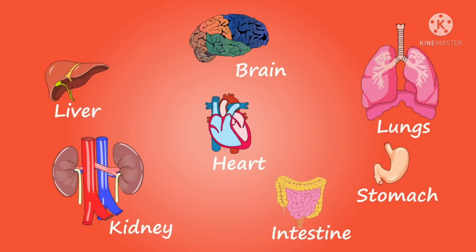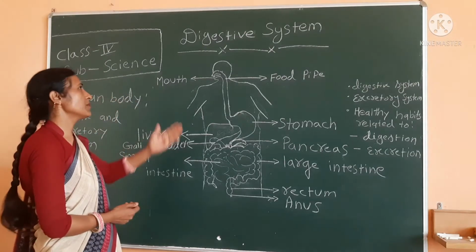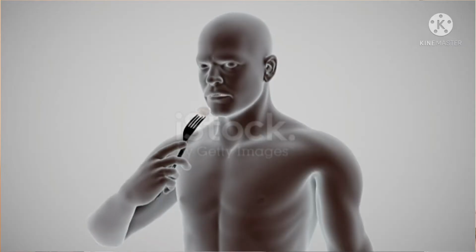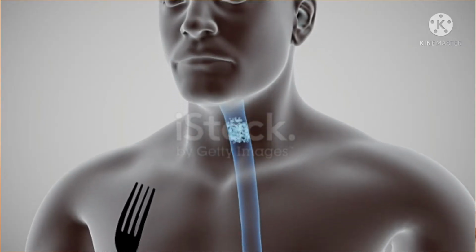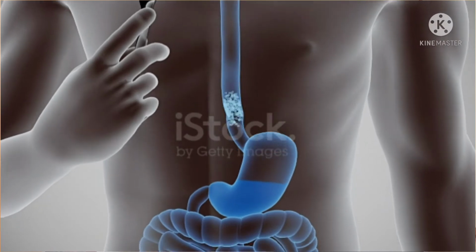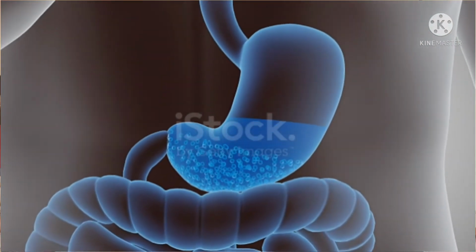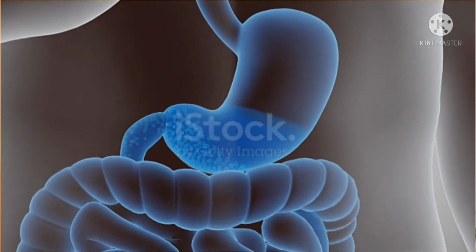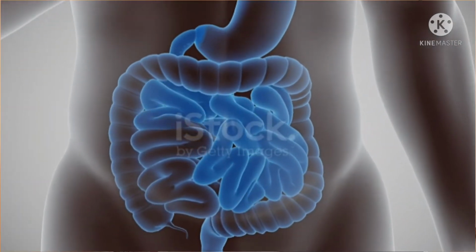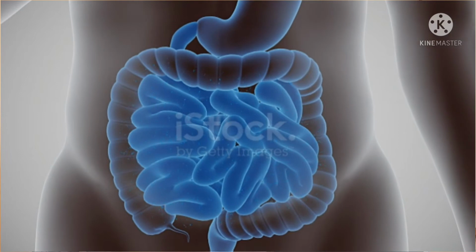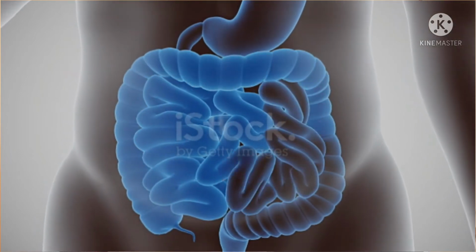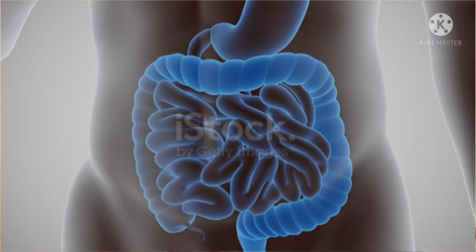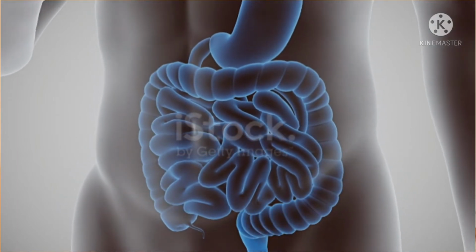So today we are going to learn about our digestive system with this diagram. Firstly, we eat our food with the help of our mouth. After that, with the help of our food pipe, which is also named esophagus, our food is stored in our stomach. This is our liver, which produces the bile juice for the digestion of our food materials.